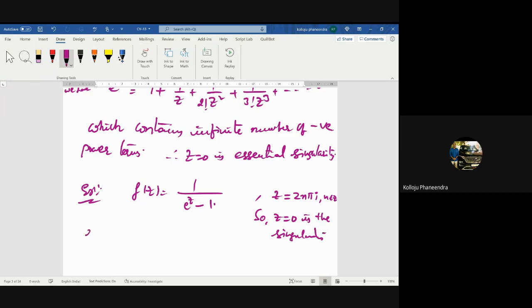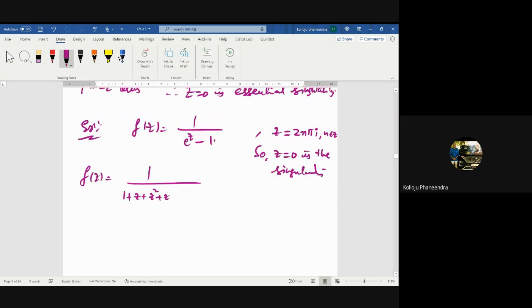Then what we did yesterday, let me expand this: z plus z square by 2 factorial, z cube by 3 factorial, and so on, minus 1. So this one cancelled. Then I have taken z common. Do you remember? If I take z common, then this is 1 plus z by 2 factorial, z square by 3 factorial, and so on. Then I will consider this as one term.